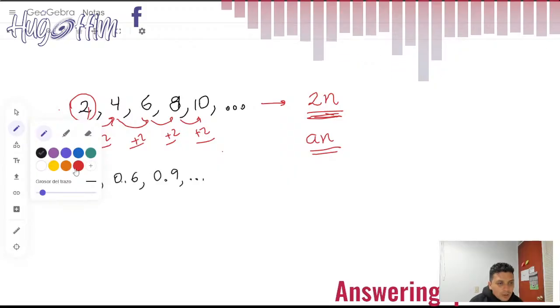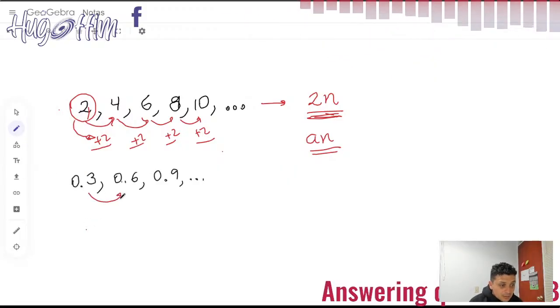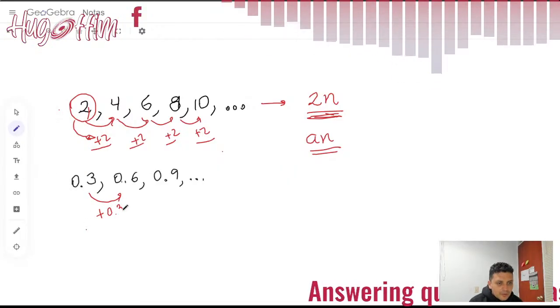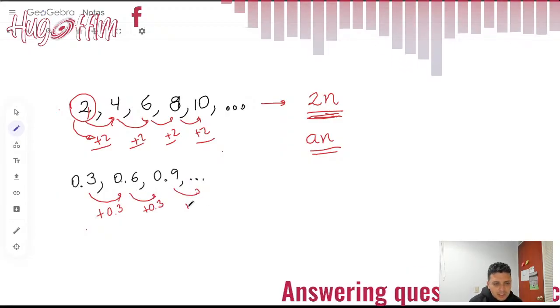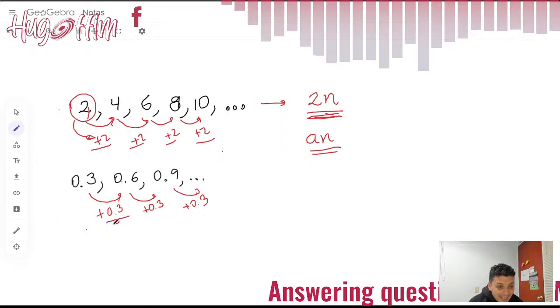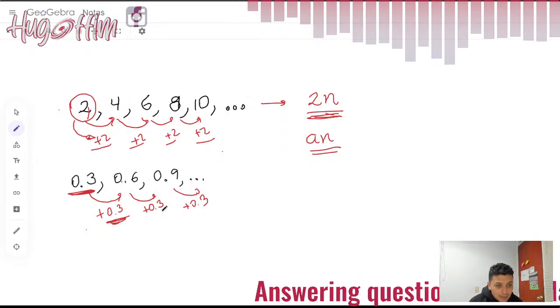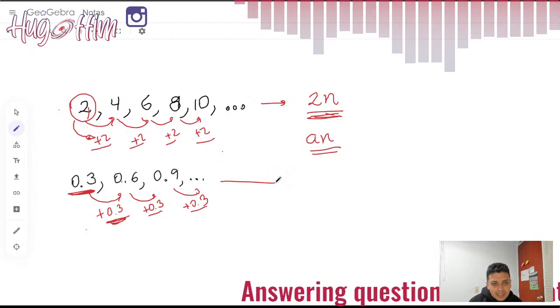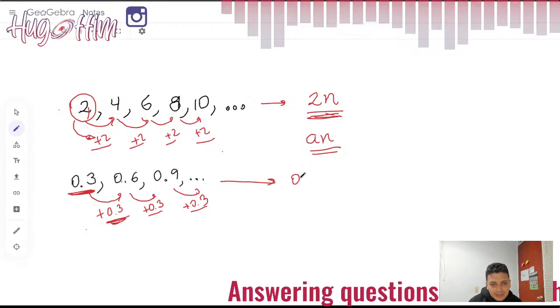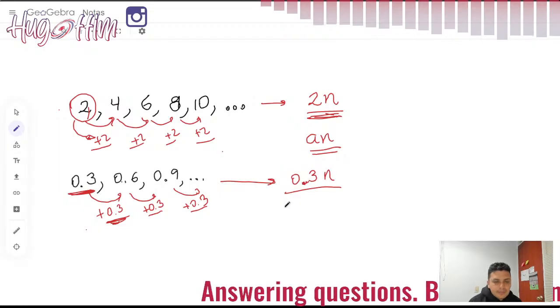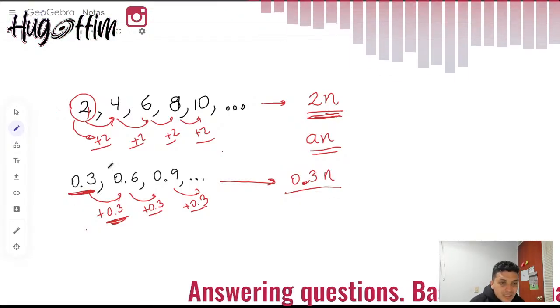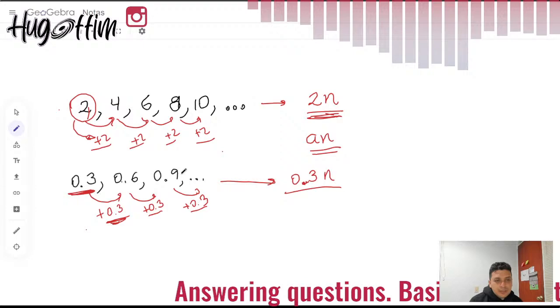Observe that in this sequence I'm adding 0.3 all the time: 0.3, 0.3, 0.3. And I am starting my sequence at 0.3. So this sequence is an equals 0.3 times n. So this is the idea of working on these sequences.